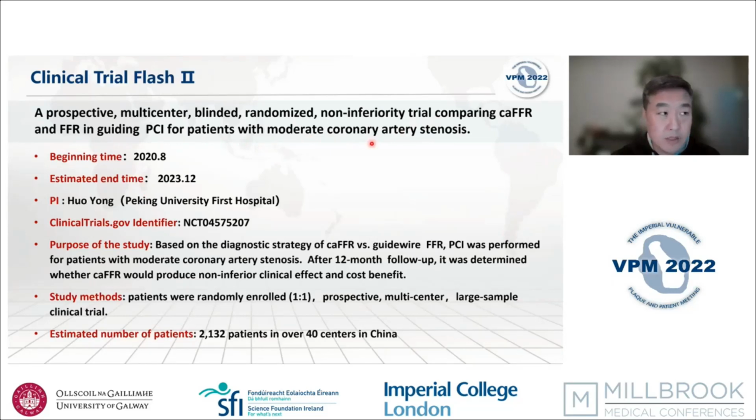We have already registered close to 800 patients, but we estimate the total number of patients will be 2,132 in over 40 centers in China. After a 12-month follow-up, we will determine if caFFR produces non-inferior clinical effects and cost benefits in comparison with wire-based FFR. We hope to finish this clinical trial at the end of next year.